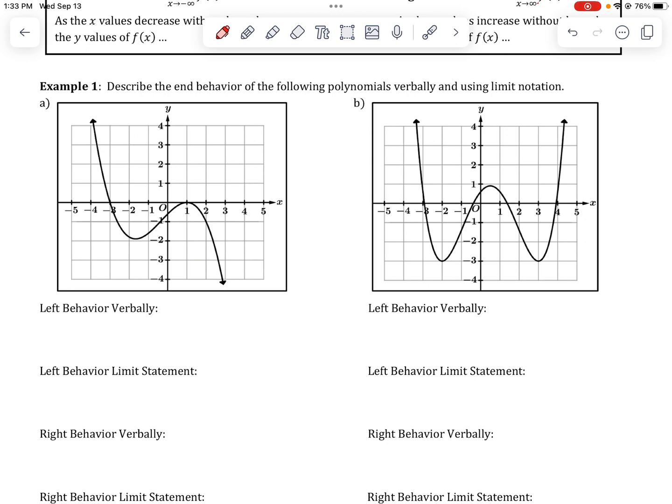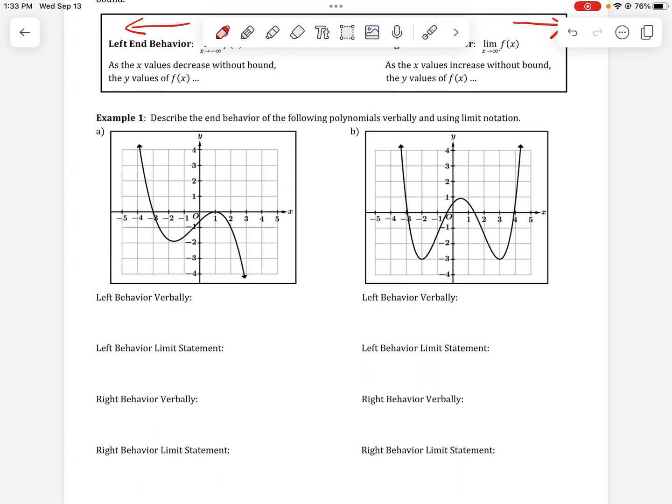So this one, the left behavior verbally. As x gets smaller, as x goes this way, what happens to y? Y gets bigger.